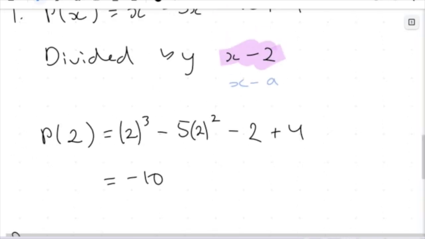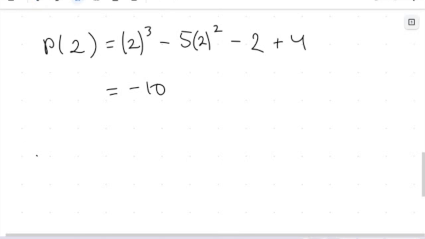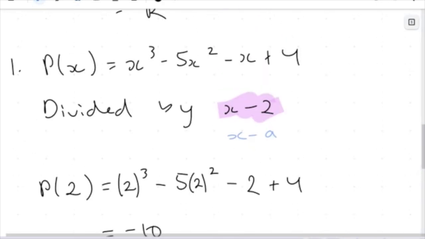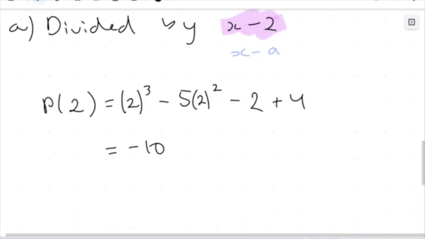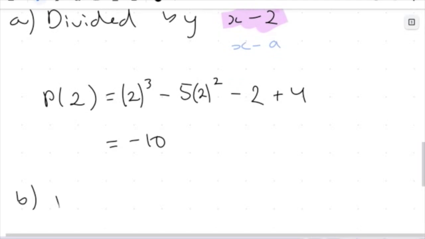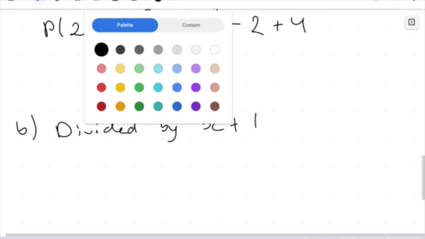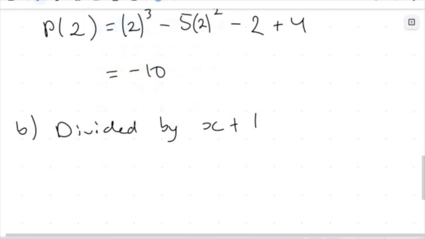Let's say this same polynomial is, actually let's call this part A. Part B, it's going to be divided by x plus 1. Now remember, these things are in the form x minus a.